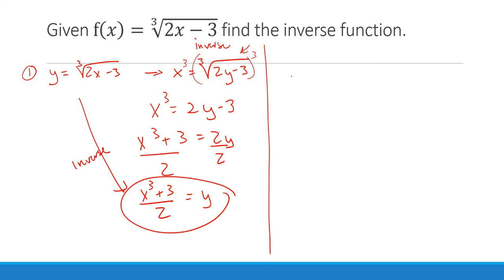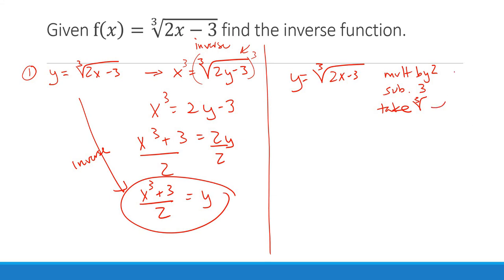The other way to do this, remember, is to try and undo our operations. So I'm going to write down here what has happened to x. The first thing I'm going to do to x if I plug in a value is multiply by 2. The next thing will be to subtract 3, and then I'm going to take the cube root.